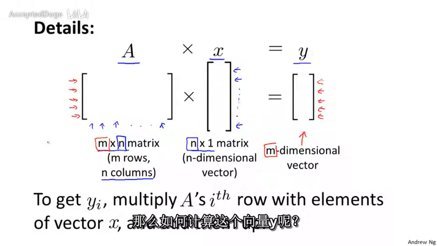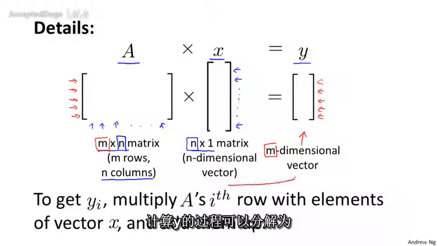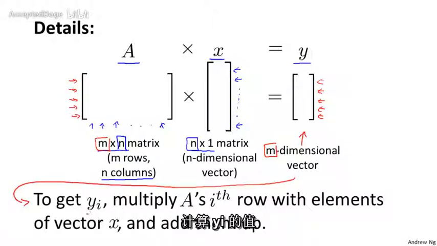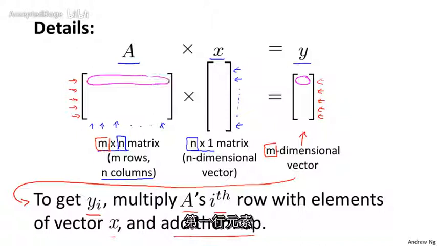So how do you actually compute this vector y? The process is to get y_i, multiply A's ith row with the elements of the vector x and add them up. Here's what I mean. In order to get the first element of y, we're going to take the first row of the matrix A and multiply them one at a time with the elements of this vector x.